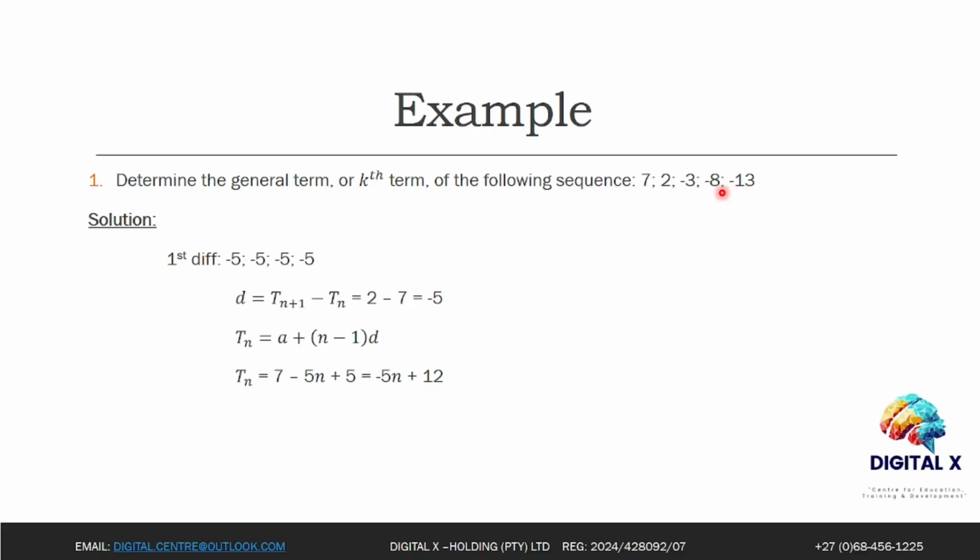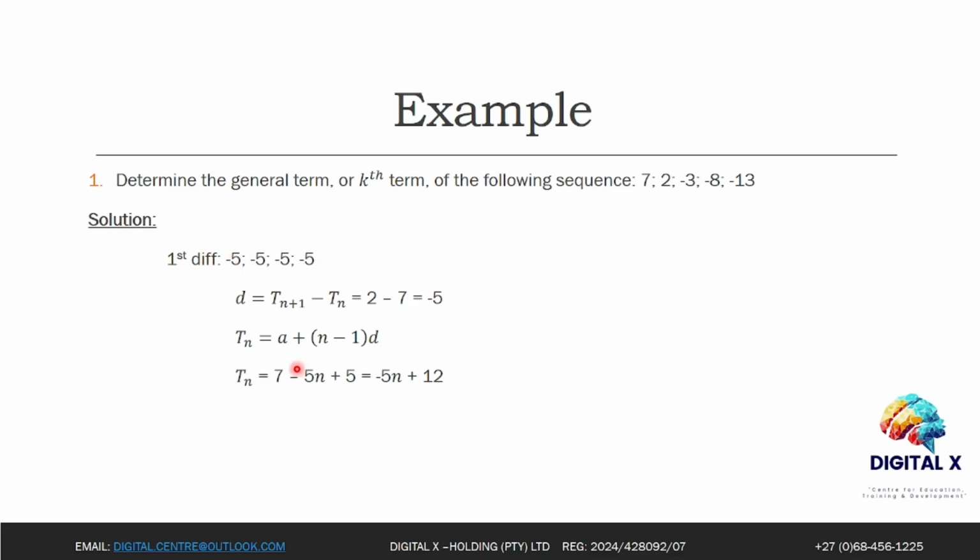As mentioned from our definition, the first difference is found by subtracting 7 from 2, which gives us -5. So each successive term is subtracted from its predecessor, and we get a common difference, or the first difference, of -5.